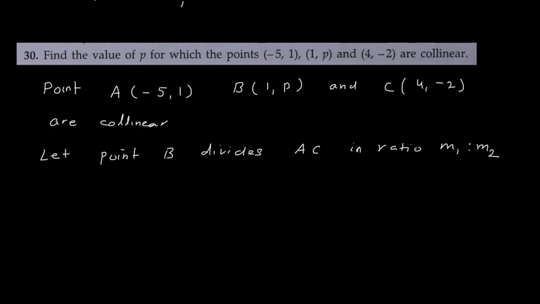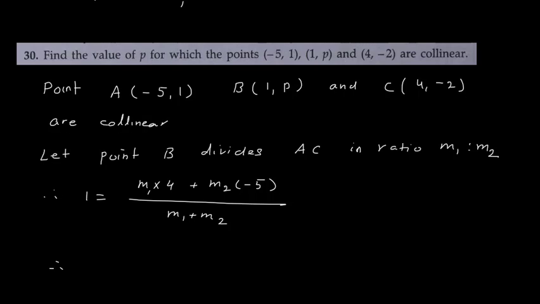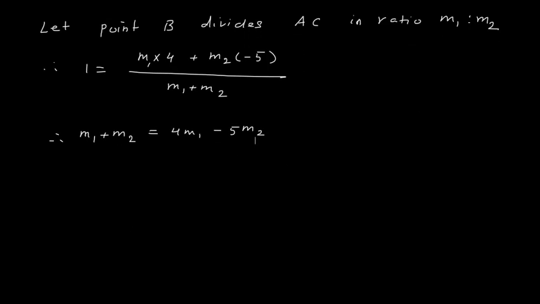So therefore I will get 1 is equals to M1 multiplied by 4 plus M2 multiplied by minus 5 divided by M1 plus M2. So therefore M1 plus M2 is equals to 4M1 minus 5M2. Now I will bring all M1 on one side and M2 on the other side.